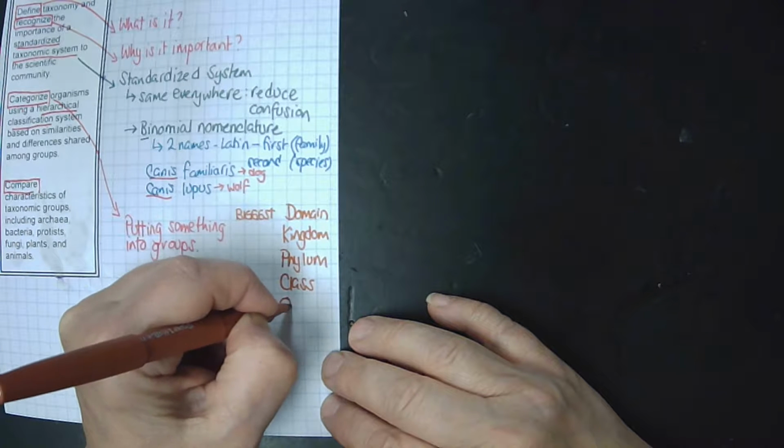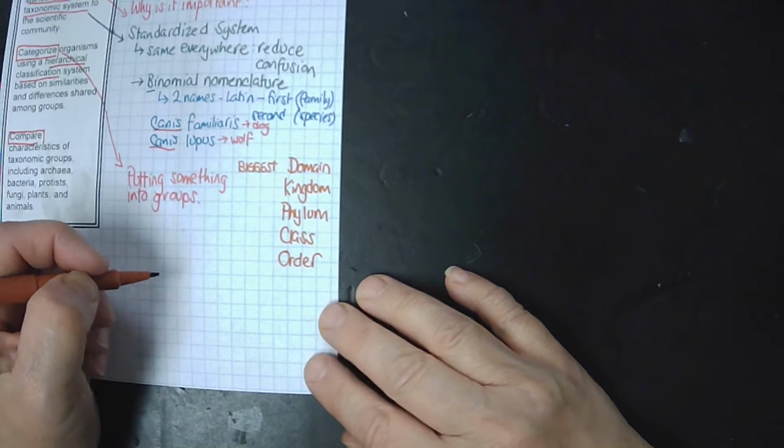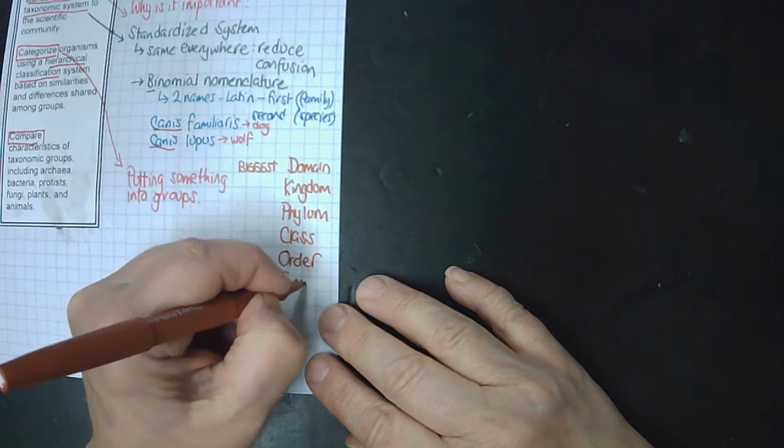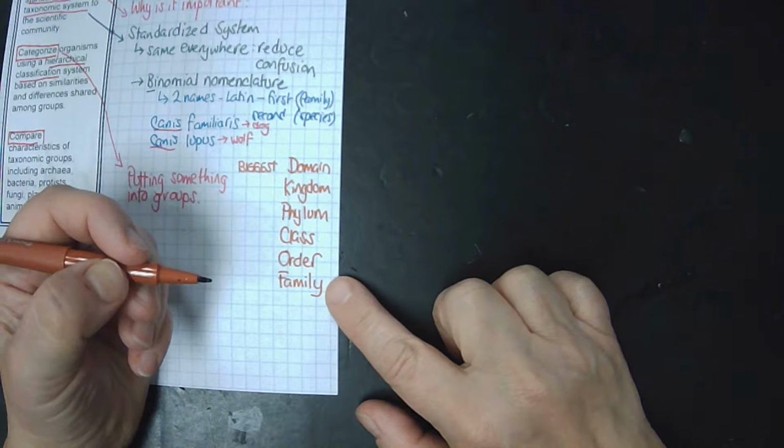Classes are split into orders. Orders are split into families. So you may have, for example, the cat family.